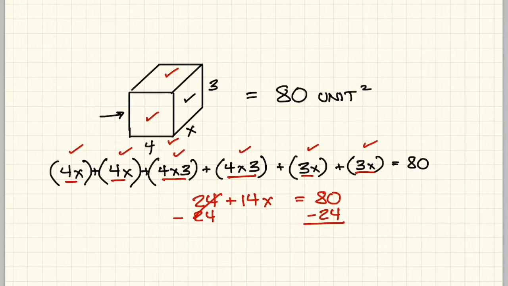Then I'm at a point where 80 minus 24, I'm going to regroup, is 56 equals 14x. 14 times some number equals 56. The opposite of multiplication is division, so I'm going to divide that by 14. Then my x equals 4.